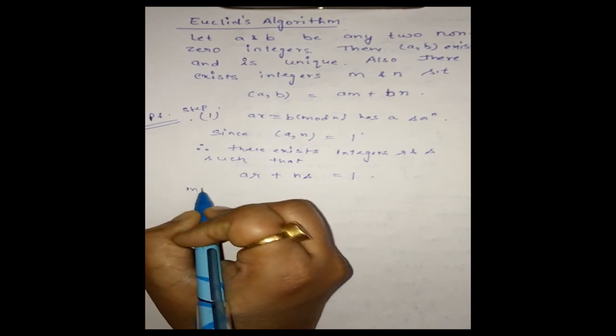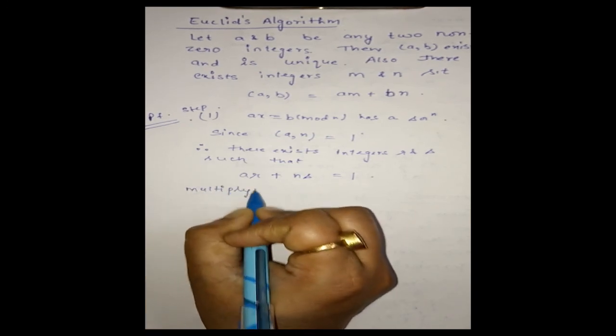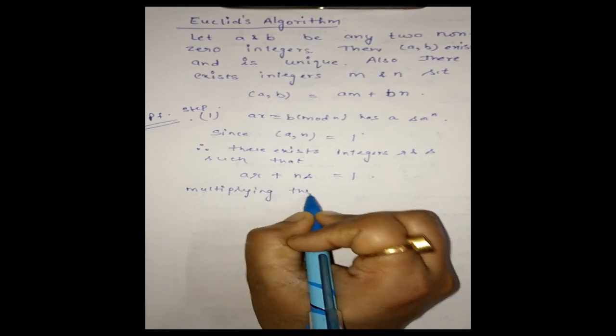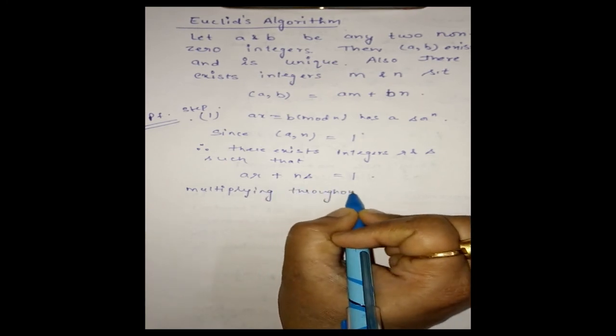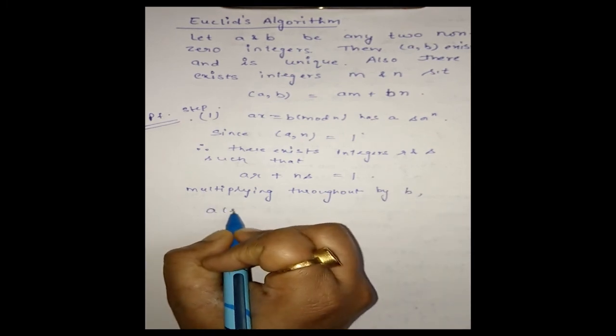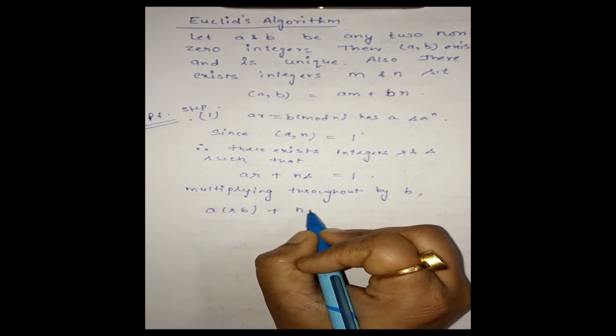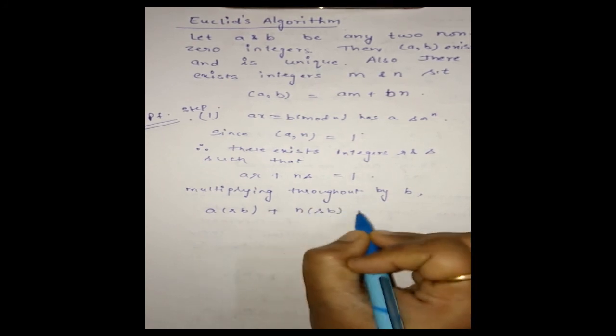Now multiplying throughout by b, then we get a into rb plus n into sb is equal to b. Clear?